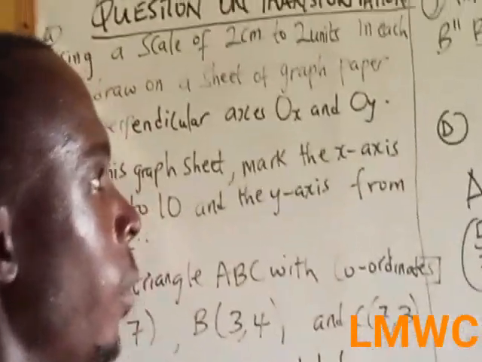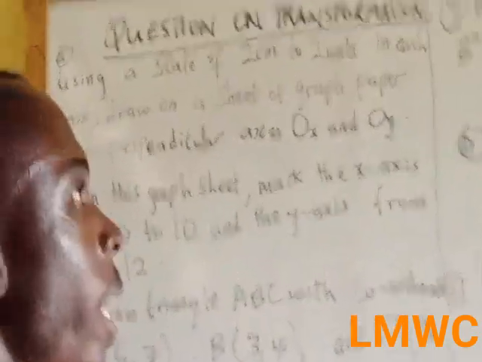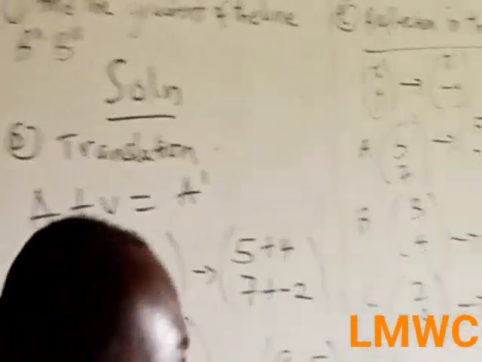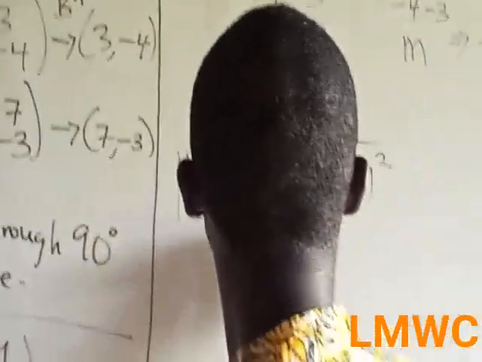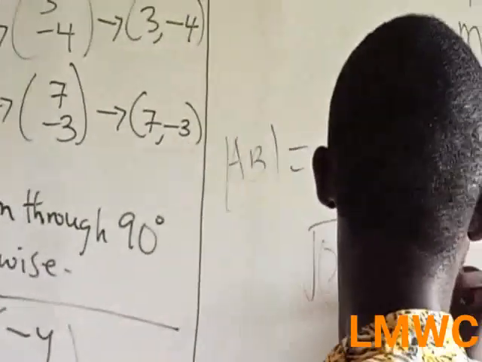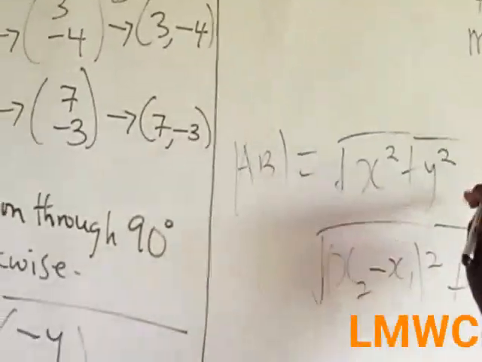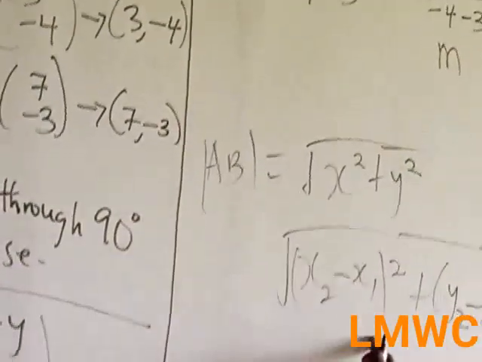You can be asked to find the equation of the line. That one too, we have a formula for it. And also the length of a line. The length is the same as magnitude or modulus. If they say length of AB, the formula is the square root of x squared plus y squared, or x2 minus x1 all squared plus y2 minus y1 all squared. The first is when you are given only one coordinate, and this is two coordinates.